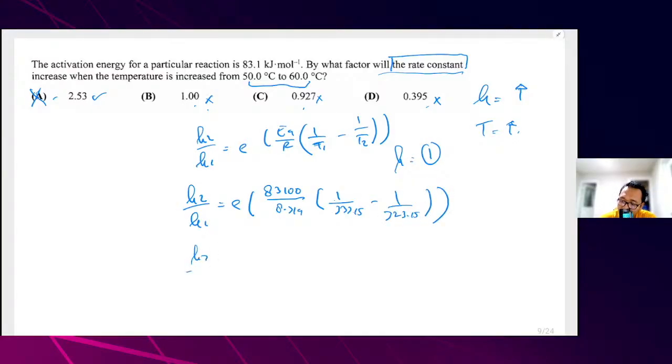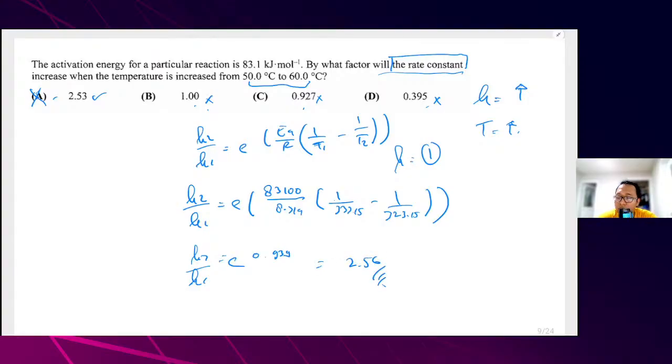So K2 over K1, if we want to find the correct answer, we end up with e to the 0.939, which is around 2.56.